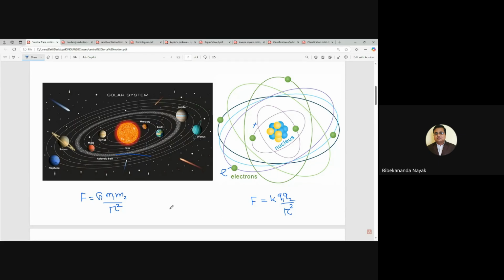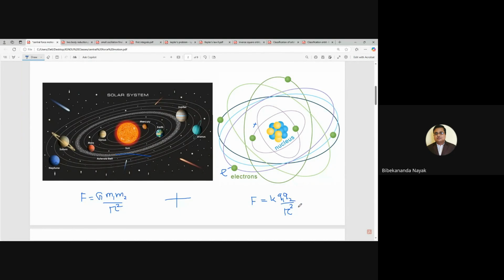So these two types of force come under one single force, which is known as central force. In the motion of Earth around the sun or electron around the nucleus, the force is directed towards the center, either nucleus or sun. So the central force property is that force is directed either towards or away from a fixed center.